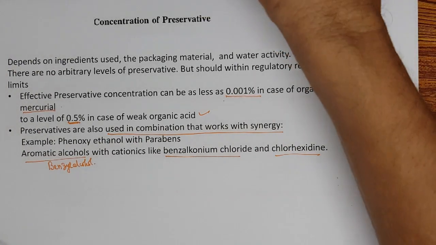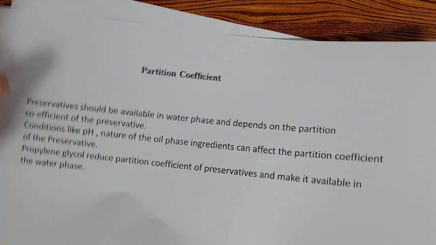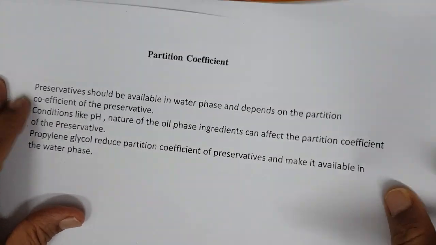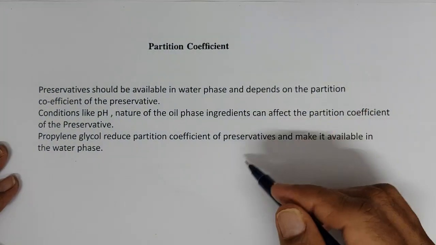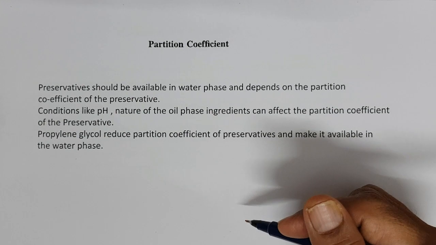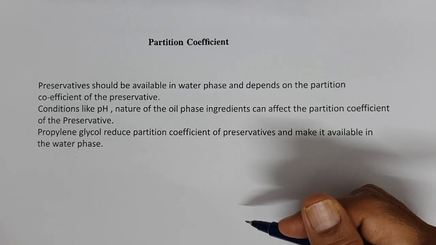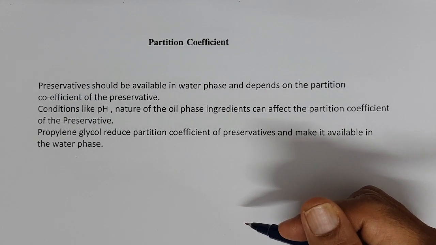The next is the partition coefficient. This is also a very important thing, right. What is partition coefficient? Especially in an emulsion, preservatives tend to move towards the oil phase, but the preservative has to be in the water phase for its efficacy, though it can partition to the oil layer also.